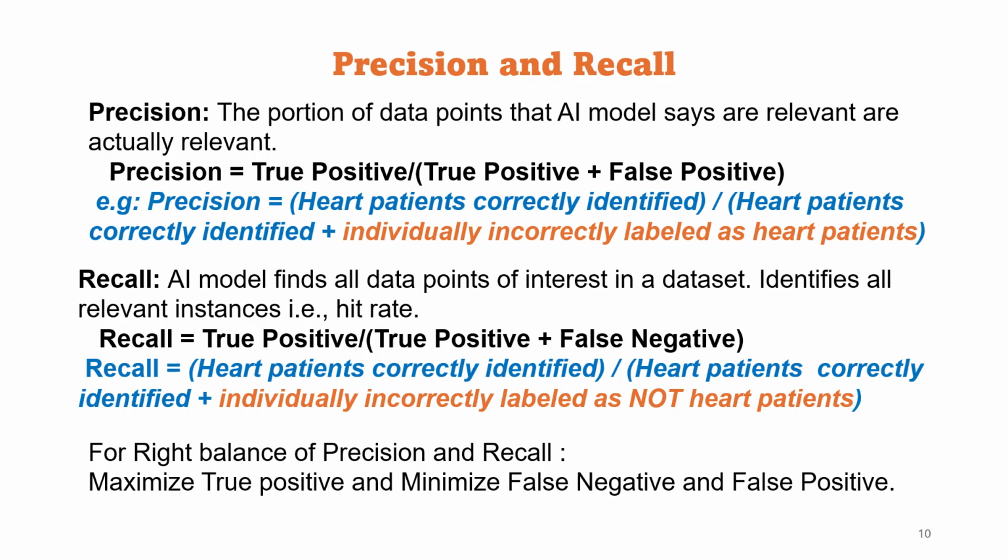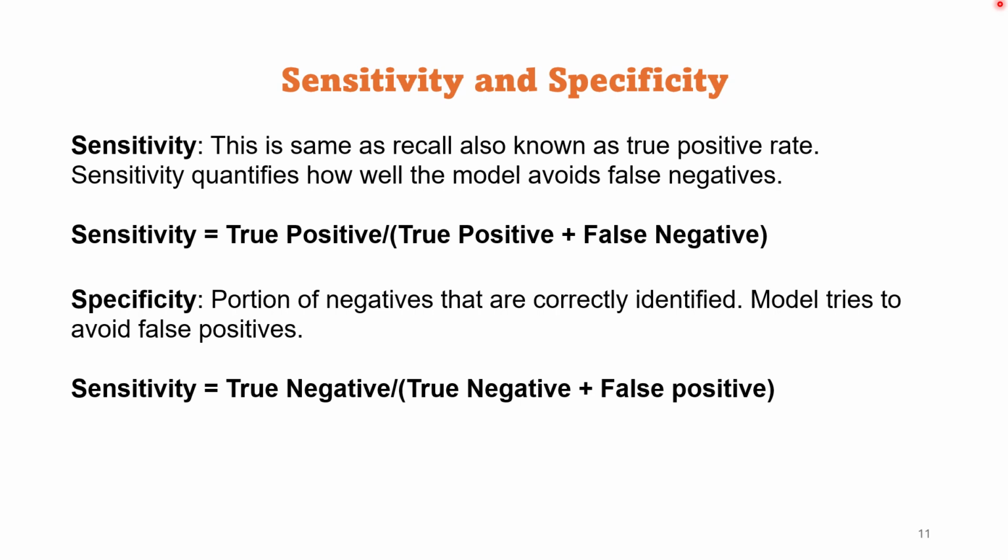Now let us move on to the next topic. Simple topic: sensitivity and specificity. Sensitivity is the same as recall, also known as true positive rate. Sensitivity quantifies how well the model avoids false negatives.